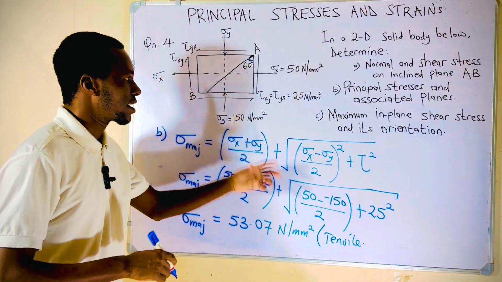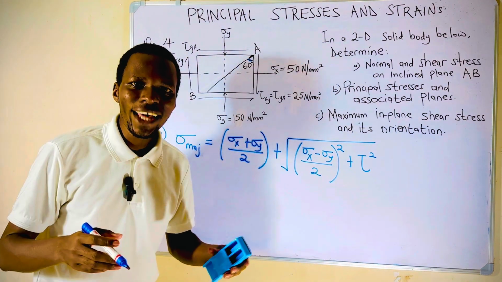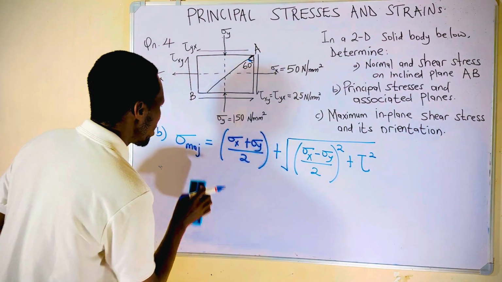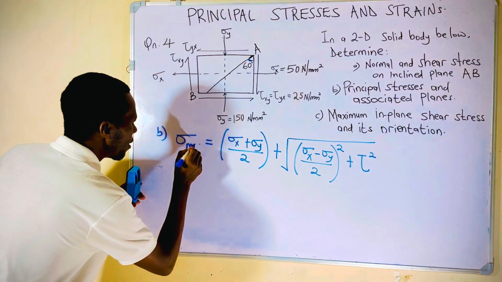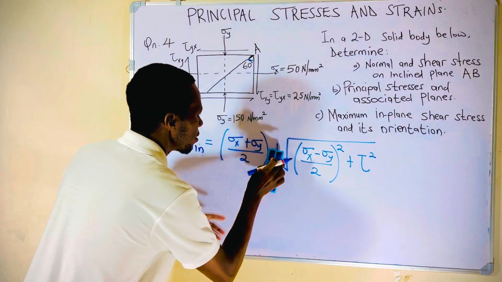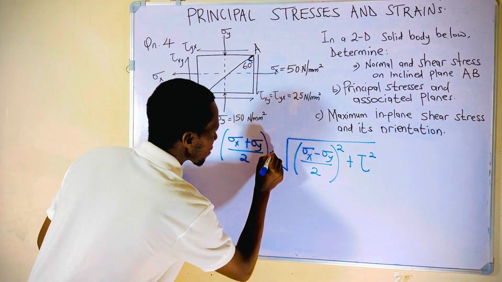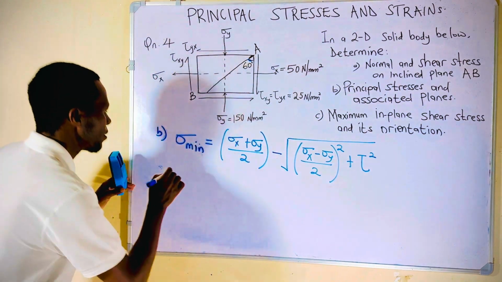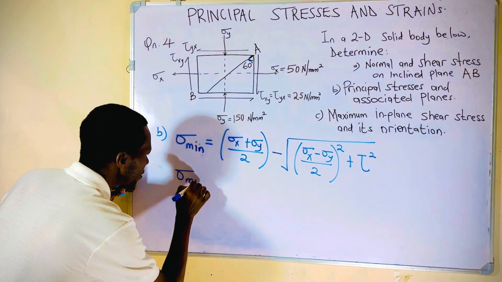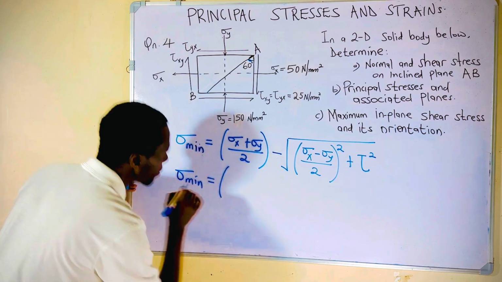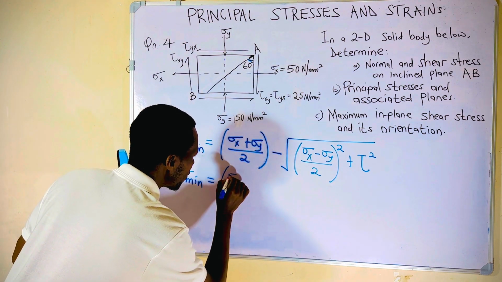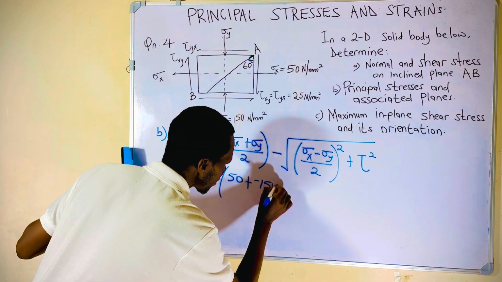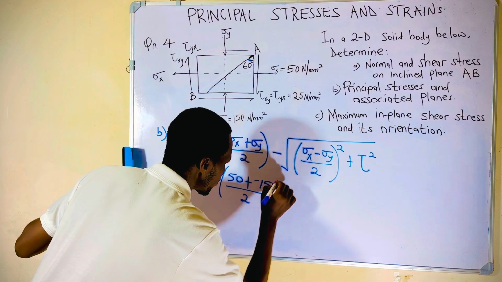Let's get to sigma minor. If this is the formula for sigma major, to get sigma minor I have to change this to minor and change this plus to minus. And this is the formula for finding the sigma minor. So we have to substitute here. Sigma minor is going to be equal to the same thing, 50 plus minus 150 because it is compressive, everything out of 2.